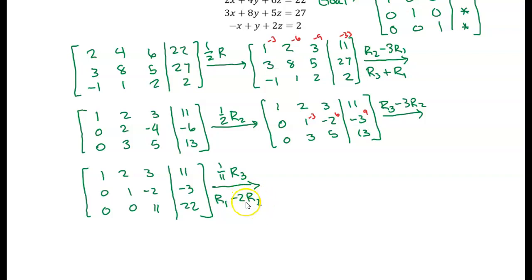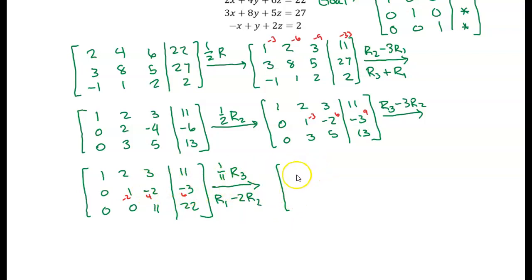So basically I'm using this 1 to zero out the row above it. I'm going to make a little note to myself. What is -2 times row 2? It's going to be -2. This becomes a +4, and then this becomes a +6. So that's what I want to add to row 1.